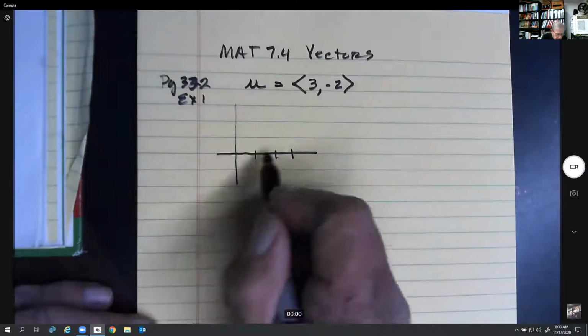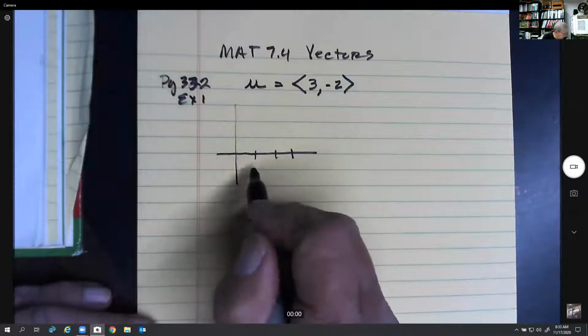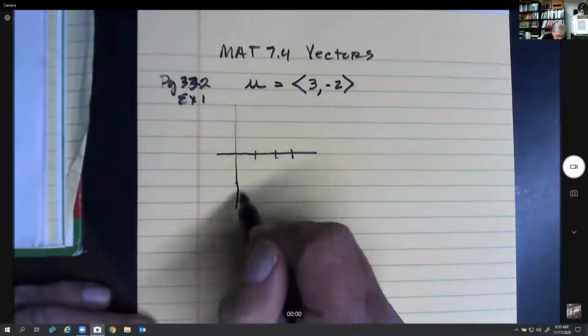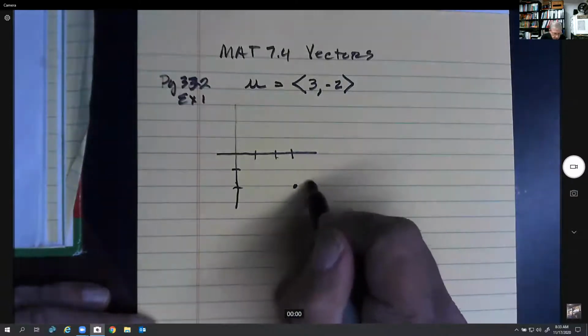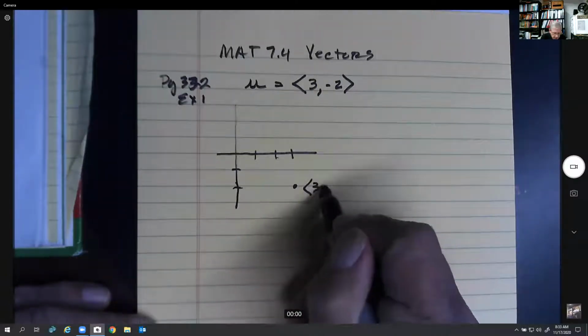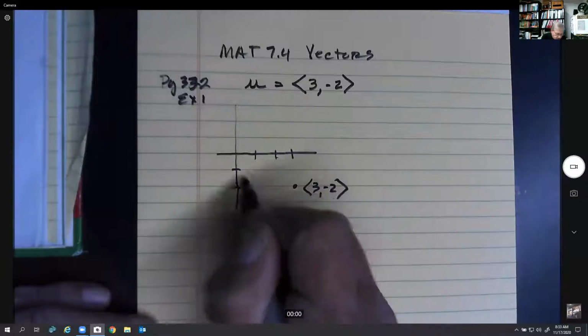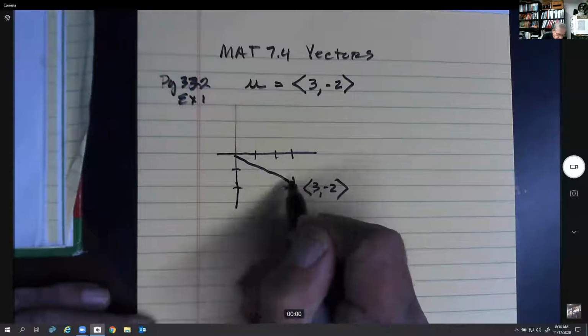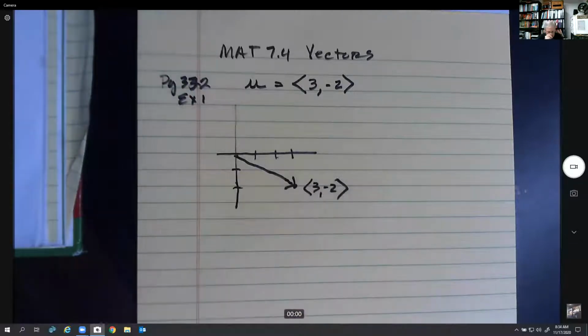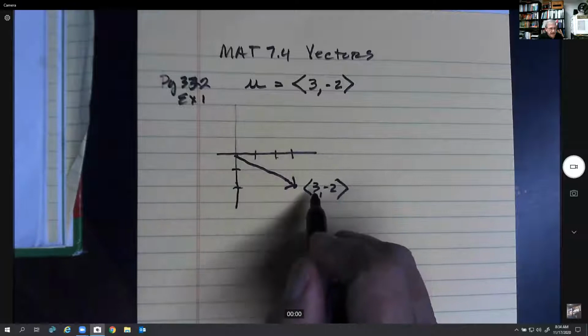This is your x, and this is your y, which would be a -2. So this would be the point 3, -2. So the vector is going down this way. And a vector has an initial point and then an ending point, and this is the ending point.